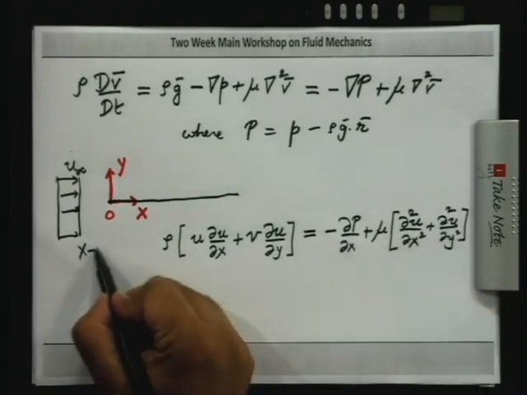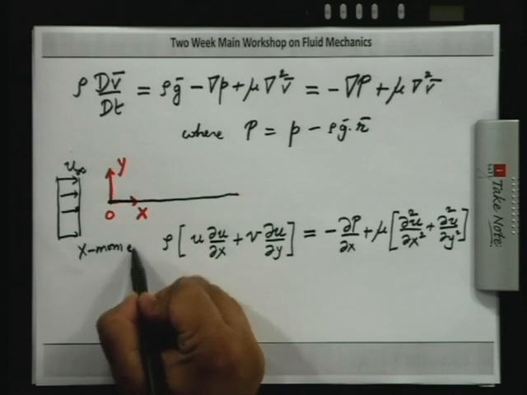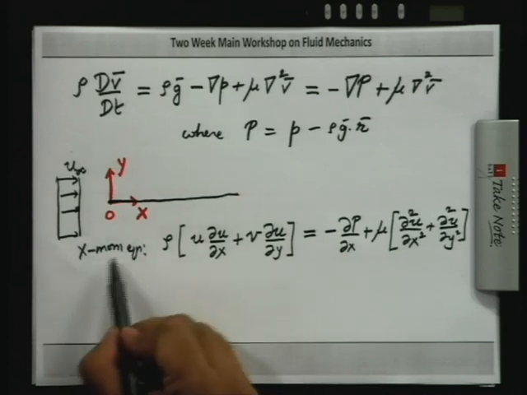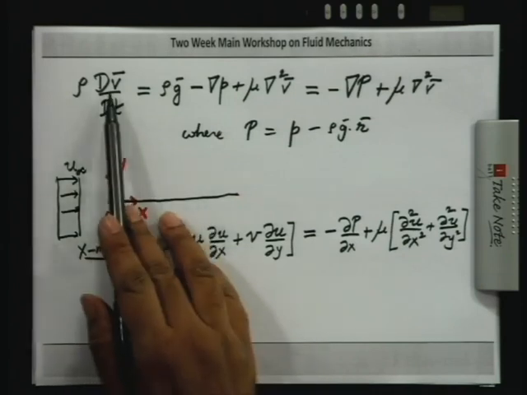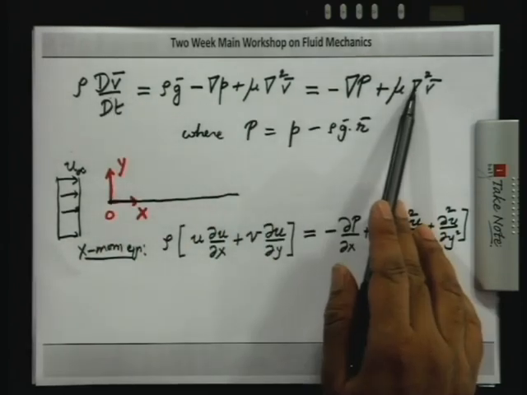This is your x momentum equation, or balance of momentum in the x direction. So, it represents the x component of this vector equation which I have written on top.